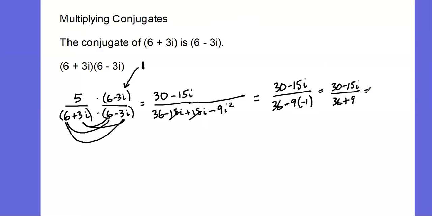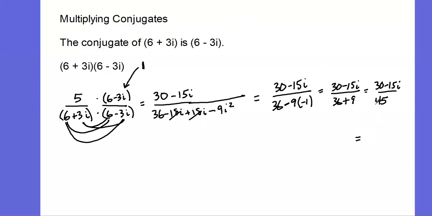And 36 plus 9 would be 45. So we have 30 minus 15i over 45. And notice that we have no i stuff in our denominator here. So we have rationalized our denominator, and we're good to go.